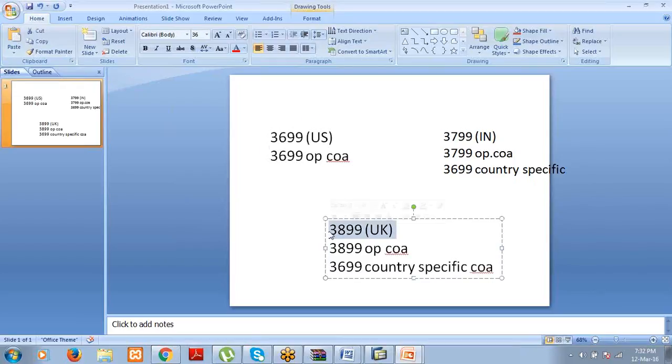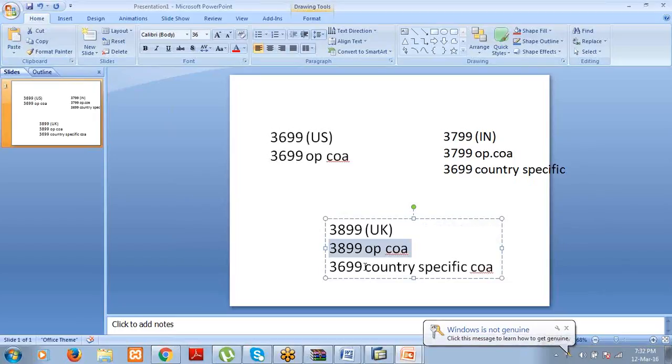Now, you think as a UK company code. You have to prepare two sets of financial statements. One set of financial statements is according to the UK Companies Act requirement, for which you are using the 3899 chart of accounts, the operational chart of accounts.